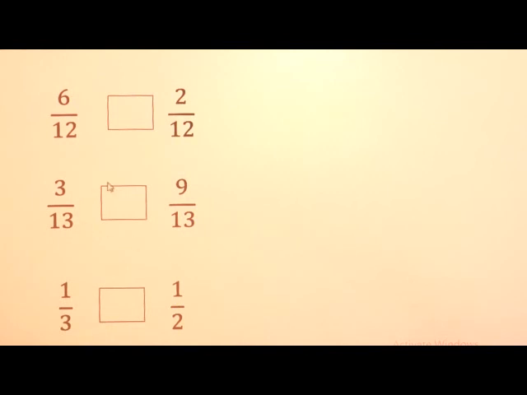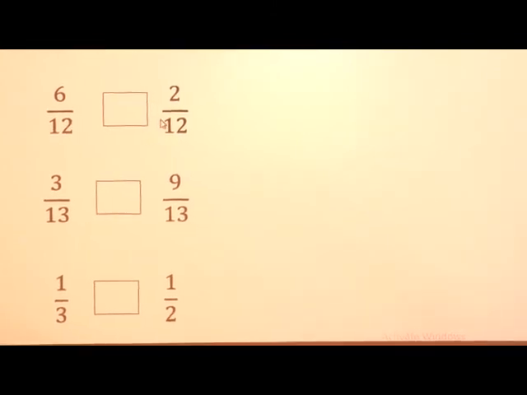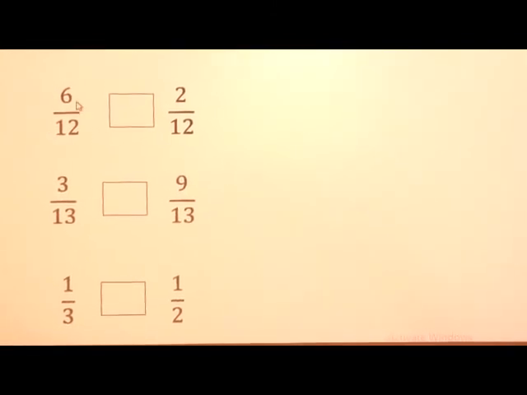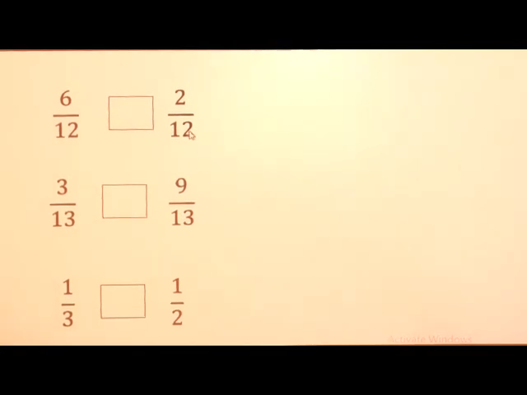Now we will compare 6 upon 12 and 2 upon 12. Both fractions have the same denominator. First I will explain, then we will write the answer. In this example both denominators are the same number, so they are like fractions.